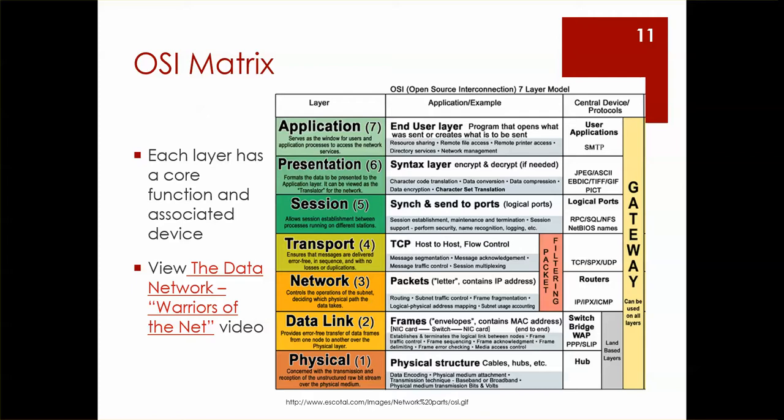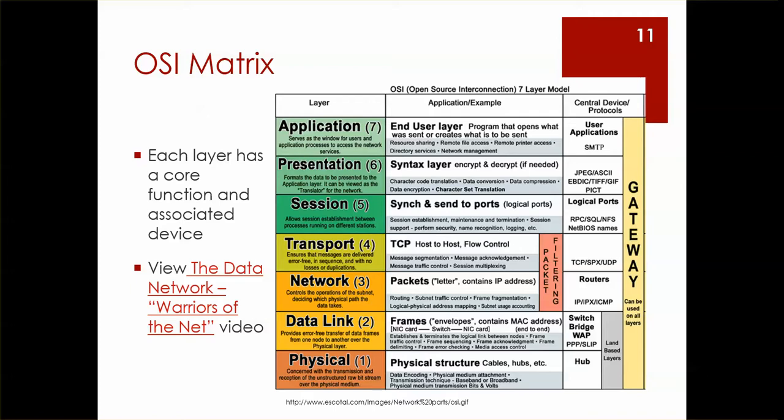If we're moving from application to presentation, the data is being dissected and stripped down into a format that really makes sense for the computer. If we're moving the data from presentation to application, we're translating the data into a format that a human can read.